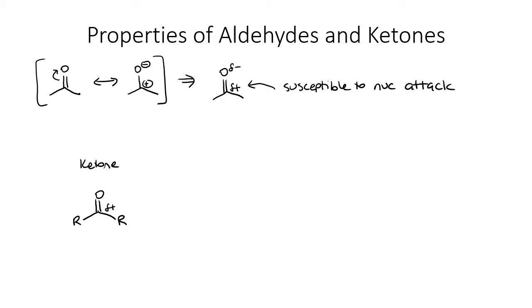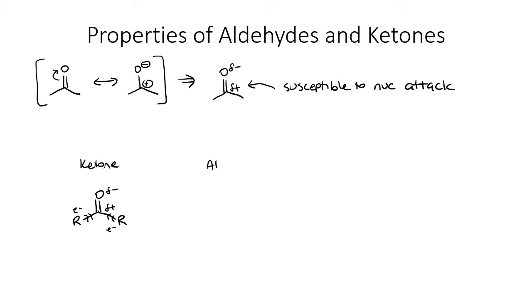So with a ketone, we have a partial positive charge that is going to be stabilized by these R groups donating some of their electron density, similar to what we saw in chapter 18. So these R groups can stabilize this partial positive charge and make it less of a partial positive charge.